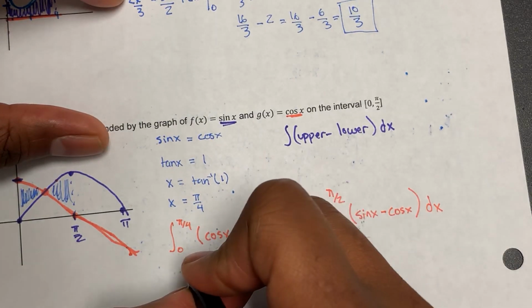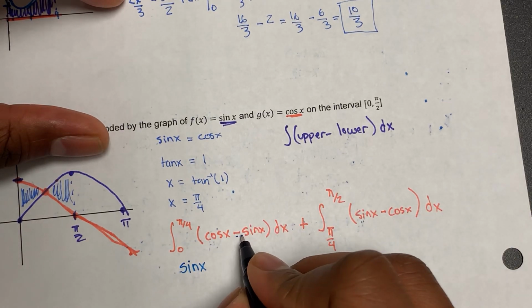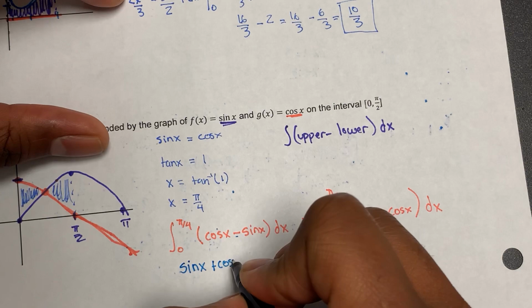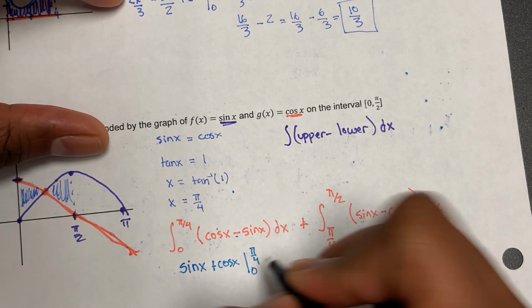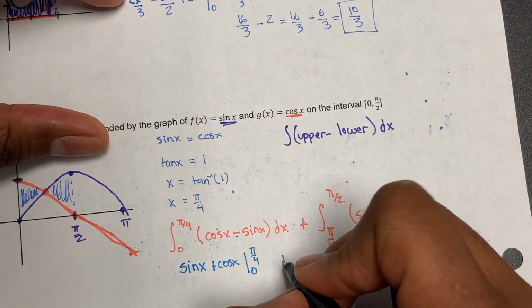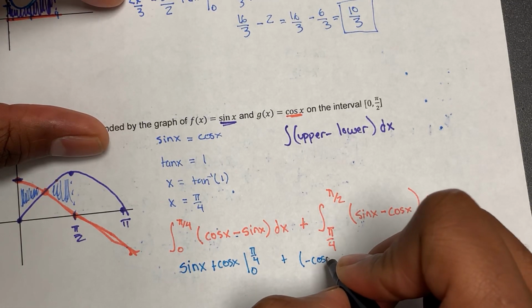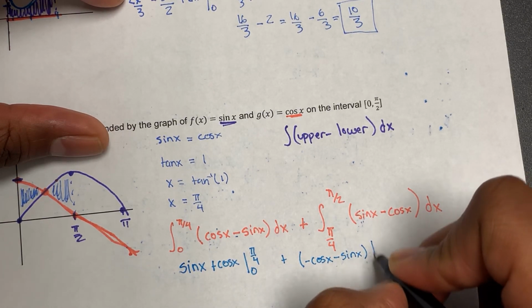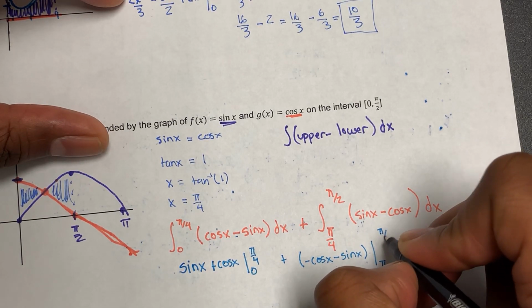Whose derivative is cosine? That is sine x. Whose derivative is negative sine? That's plus cosine x, evaluated from 0 to pi over 4, plus this should be negative cosine x minus sine x, evaluated from pi over 4 to pi over 2.